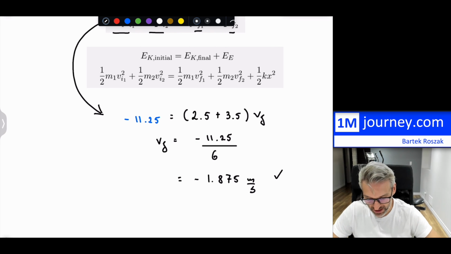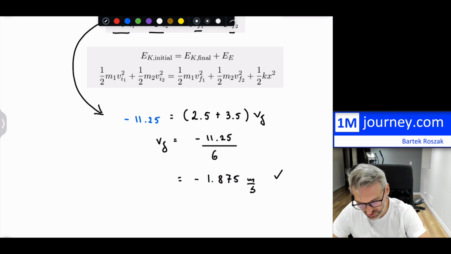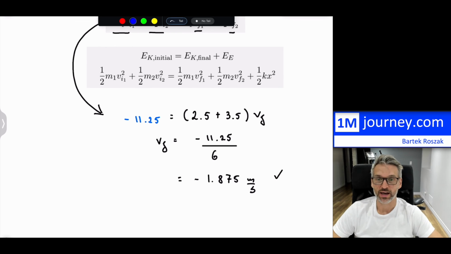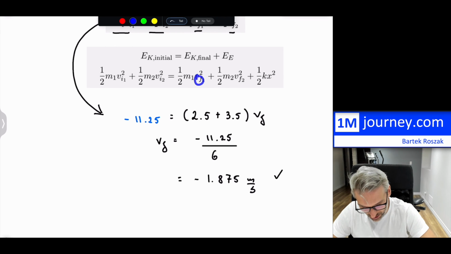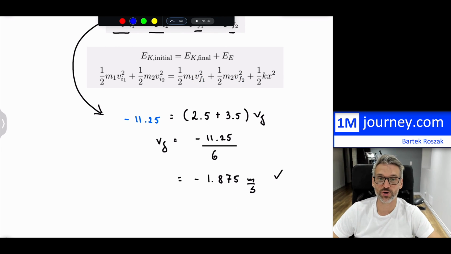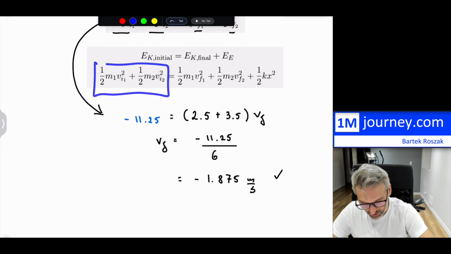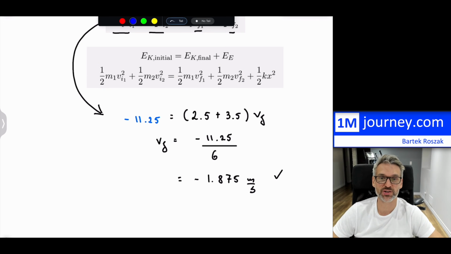Now that we have this information, we can substitute this back into right here. So now I know this and I know this for those. I'm going to recalculate this and then I can solve for that maximum compression. All right, so let's see what that will give us.